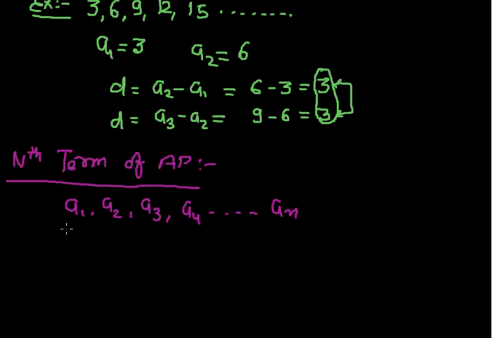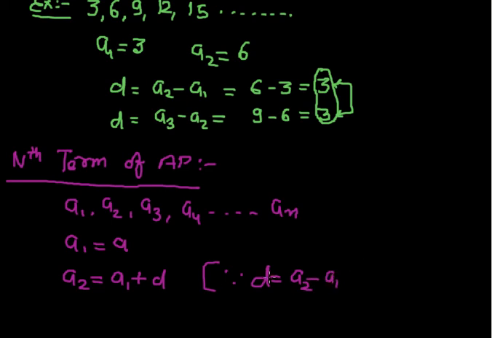If I denote the first term A1 only by A, now A2 can be written as A1 plus D. Why is it so? Since we have derived the formula that D is equal to A2 minus A1. If in this formula I shift A1 from the right hand side to the left hand side, I would get A2 is equal to A1 plus D.